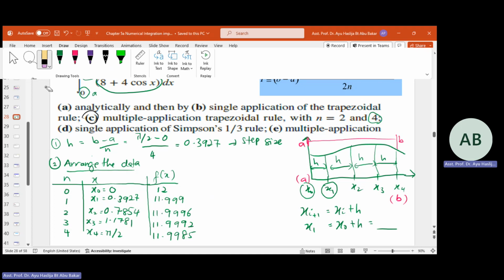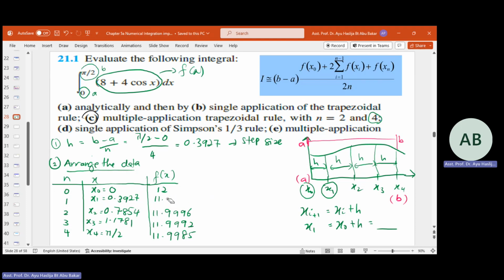Is it 11.6955? Right, this number is wrong.